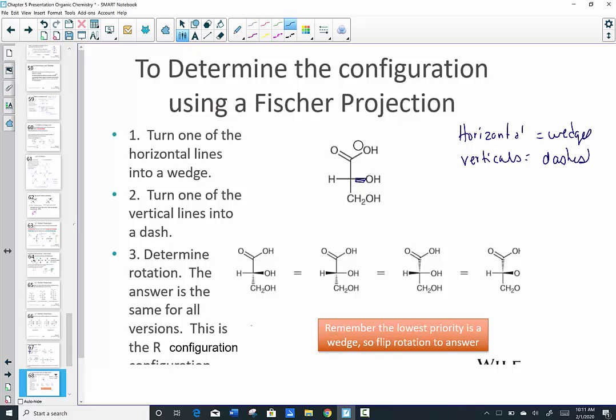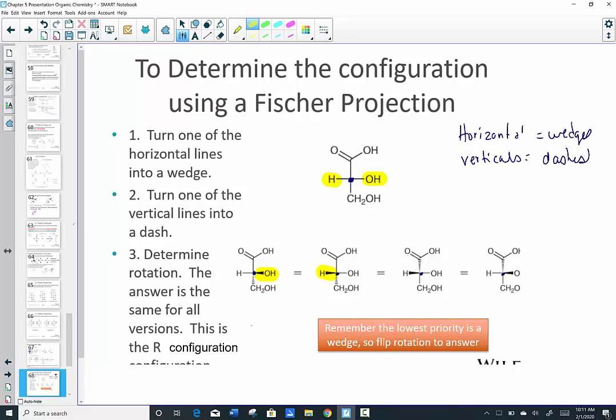So for instance, here's a Fischer projection. This is a chiral carbon. It's the same chiral carbon in all four of these structures. Alrighty. Now I have two choices to be wedges. If I take the first choice and make the hydroxyl group the wedge, then hydrogen stays in the same plane. Or as the second choice, I can make hydrogen the wedge and leave OH in the same plane.